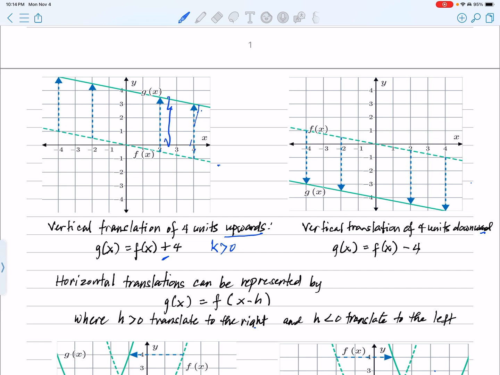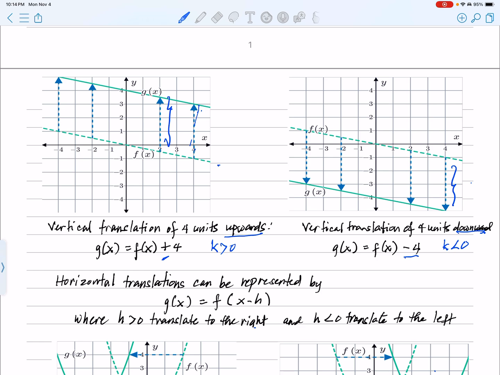When you see a negative 4, that means the k is less than 0, so it translates 4 units downward. All points on the line move 4 units down.